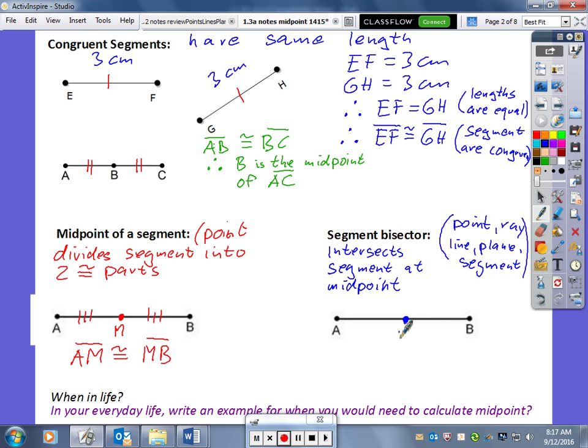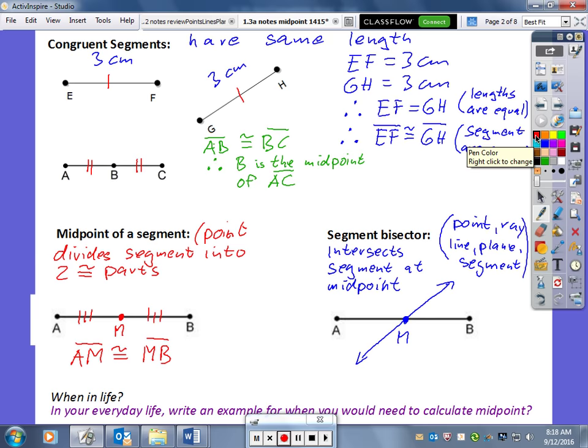So this is our midpoint M. Segment bisector, in this case, I'm going to make it a line, intersects the segment AB at the midpoint. In other words, the segment bisector is a point, a ray, a line, a plane, or a segment, but what it does is it intersects a segment at its midpoint.